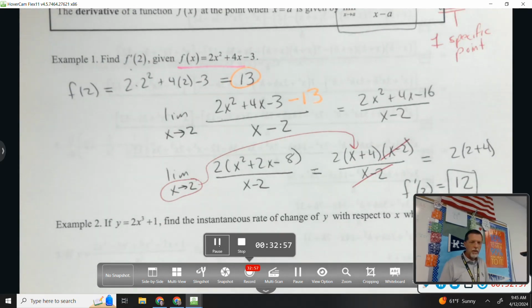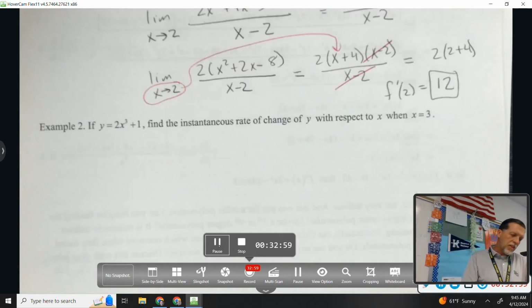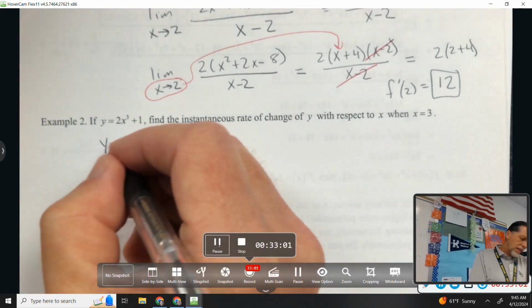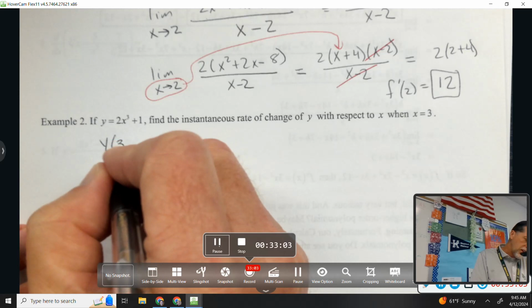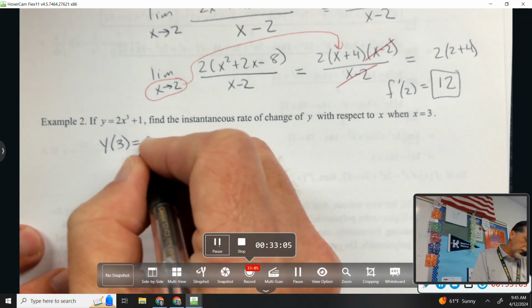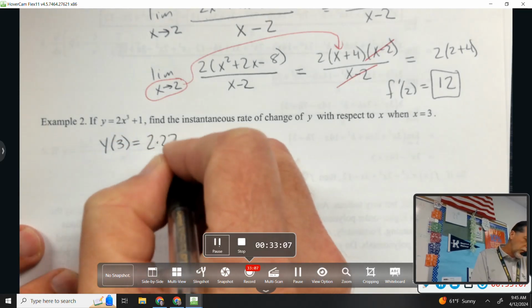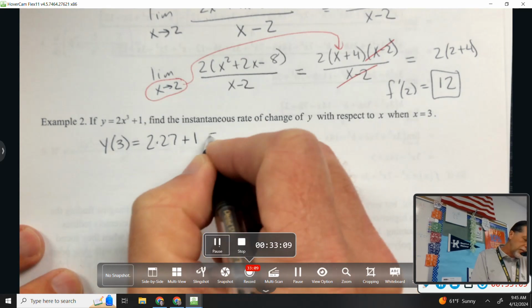Example 2 is the same thing. I'll set it up and then we'll stop there. So y of 3 would be 2 times 27 plus 1, 55.